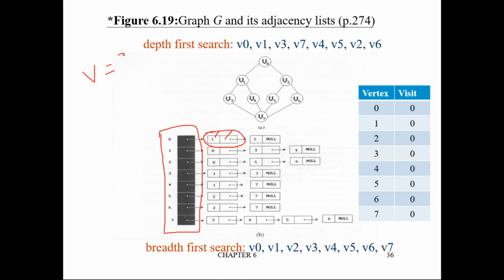The number of vertices will be stored in V. Here the number of vertices is 8. Once you say it is 8, we will set visit of 0 to 7 as 0, and we have created an array of pointers for the adjacency list, which we will also limit to 8, 0 to 7.